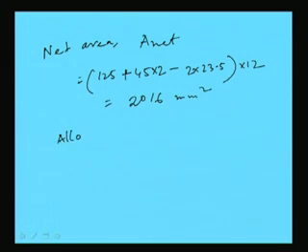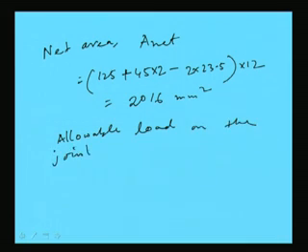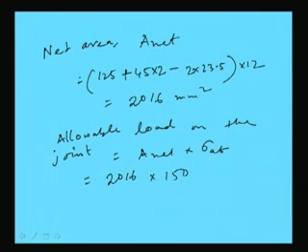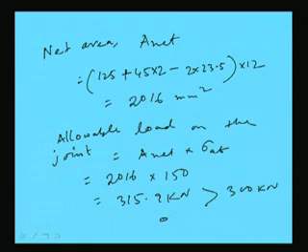So, allowable load on joint will become net area A net into sigma at, that means net area is 2016 into the allowable stress 150, which is becoming 315.9 kilonewton, which is greater than 300 kilonewton. That means the edge distance whatever we have chosen is okay.